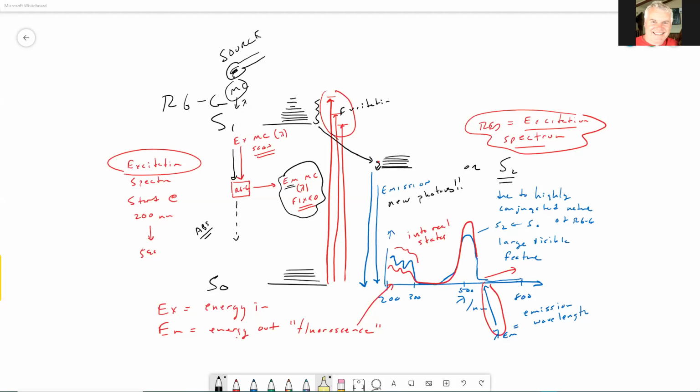Okay, so that is not true, because what happens is that there's a photon plus a molecule that makes an excited state. The excited state goes to a new excited state, and then the new excited state goes back to the ground state, plus a new photon.